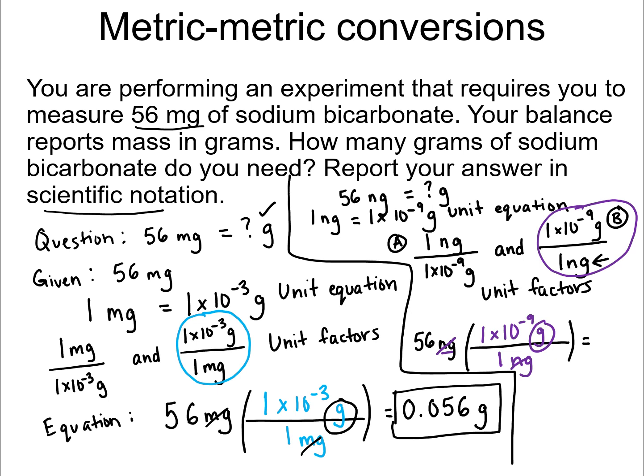So remember, like in math, if I was doing 5x times 3 over x, I can cancel out those x's, right? And then it would just be 5 times 3. That's exactly what we need to do here. We need to cancel out the nanograms so that we're left with grams.